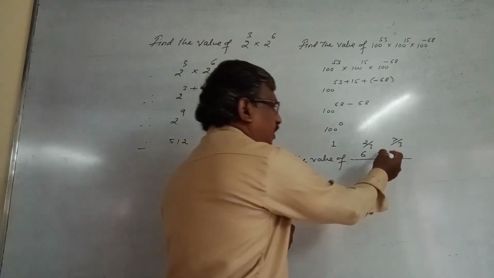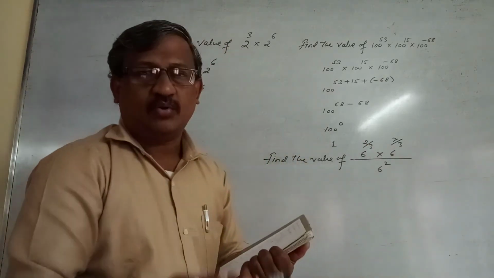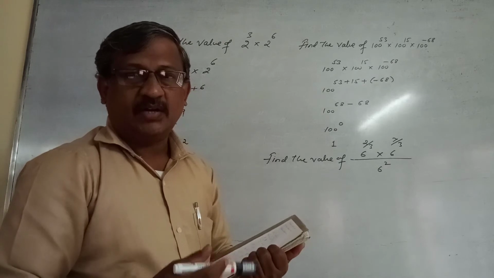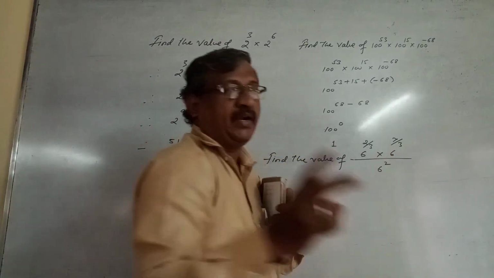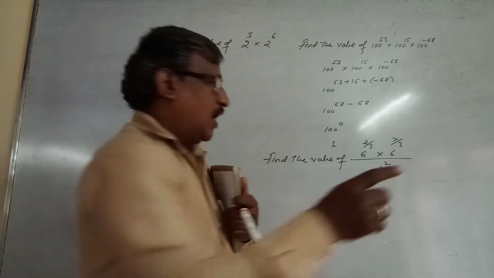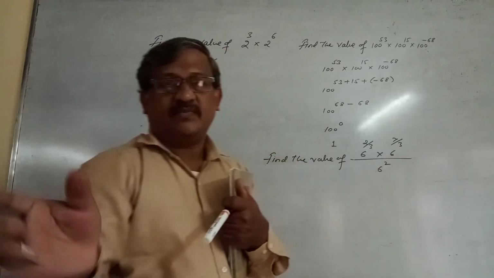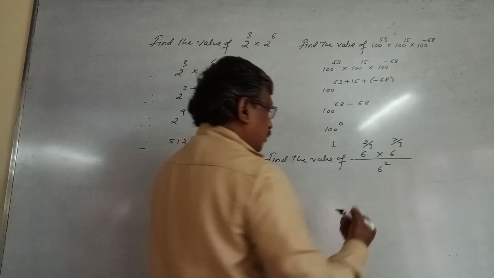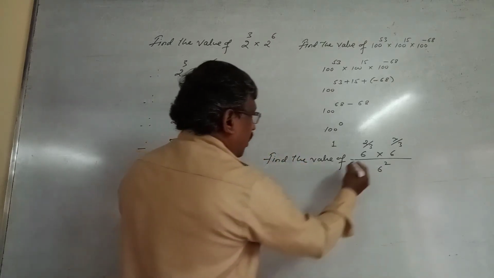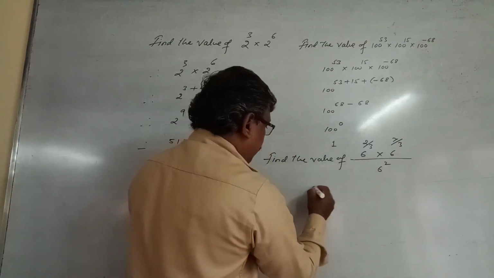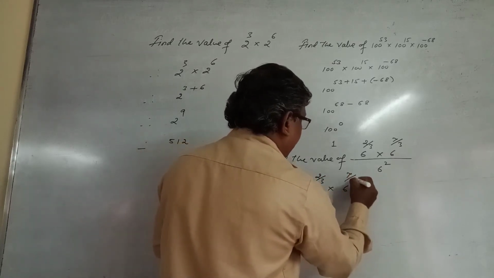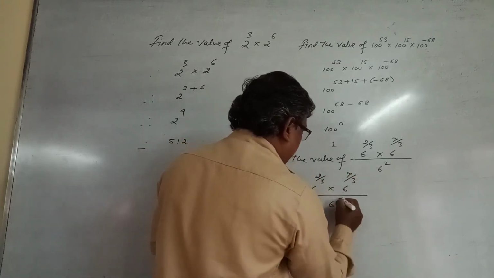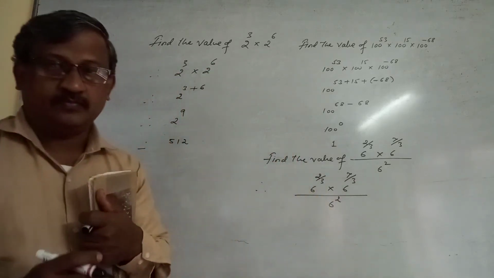So wherever there is a multiplication, those index we have to add, and wherever there is a division, index we have to minus, right? So I rewrite the problem here. It is 6 raised to 2/3 multiplied by 6 raised to 7 divided by 3 divided by 6 raised to 2.